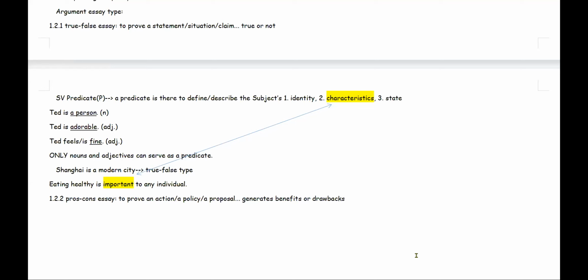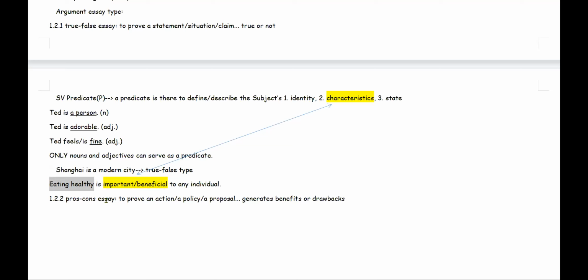Even if I change this one to "eating healthy is beneficial to any individual," you might say, oh, beneficial, pros-cons. Nope, it's a true-false essay, because our job is to prove this behavior, this action, this activity is beneficial.